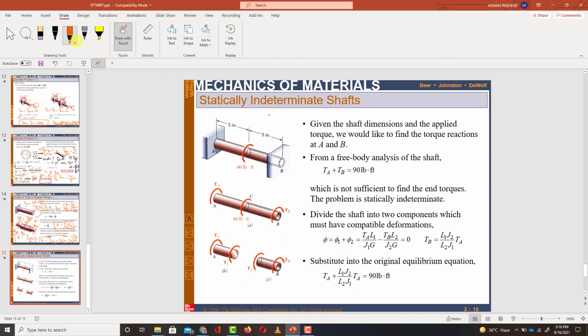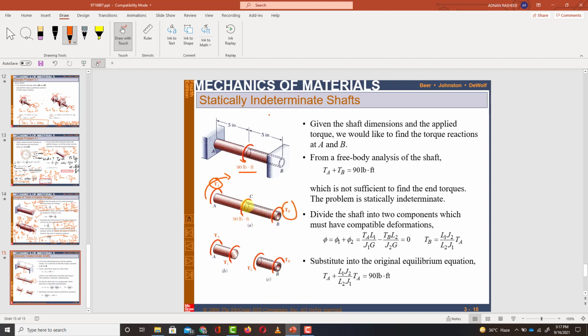You can see this example: this is a shaft that is fixed at both ends, and there is a torque applied at the mid, which is 90 pound into foot. If you remove the reaction forces, definitely at point A there will be a reaction torque, and at point B there will be a reaction torque.